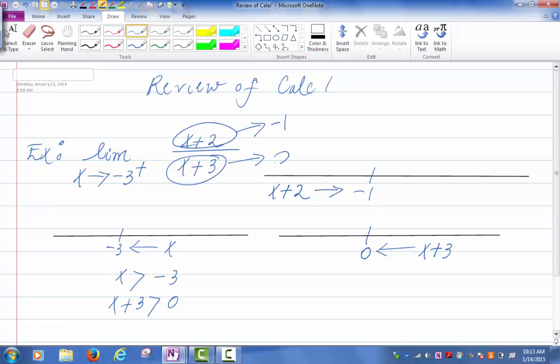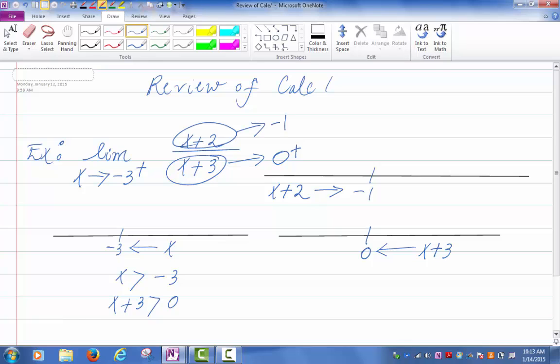The denominator is close to 0, but positive, right? Okay, so when you have a fraction, the numerator is approaching a negative non-zero number. The denominator is approaching 0 but positive. So what's the limit of the ratio then?